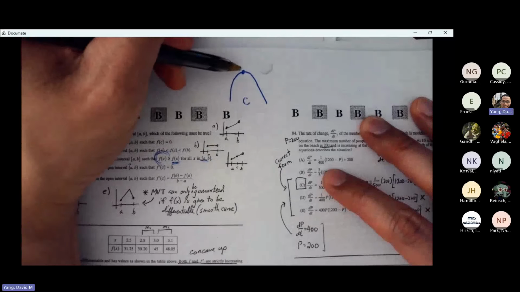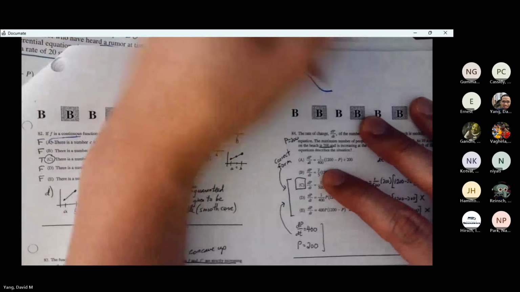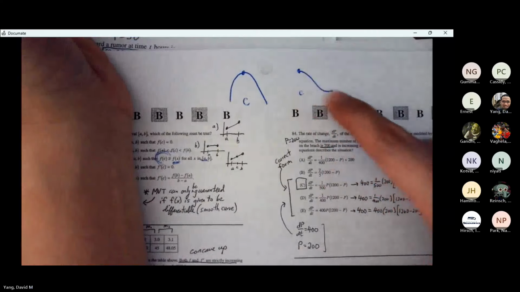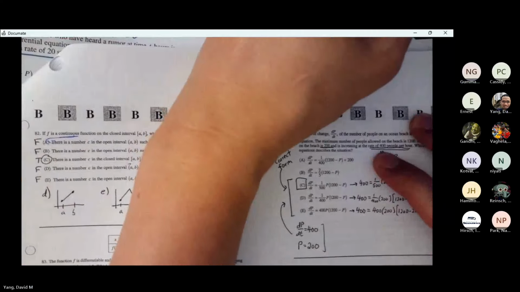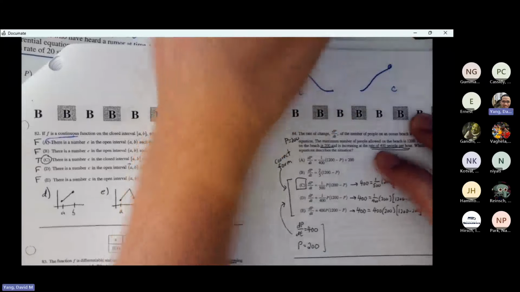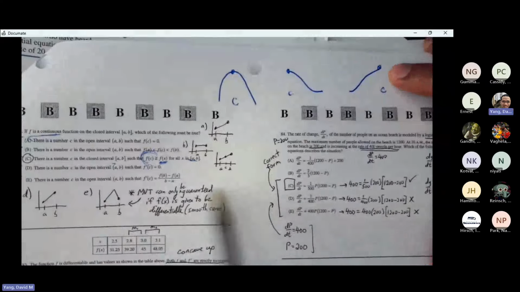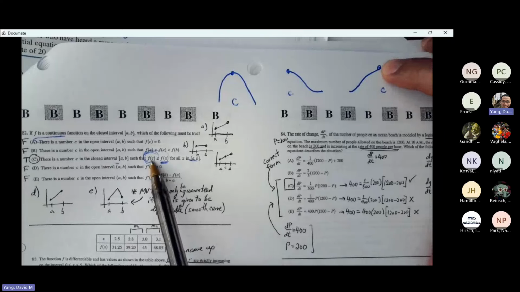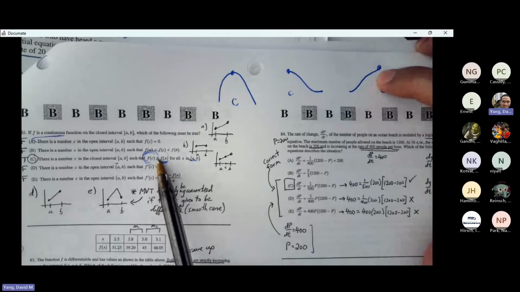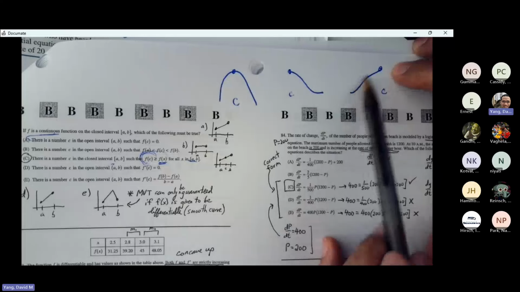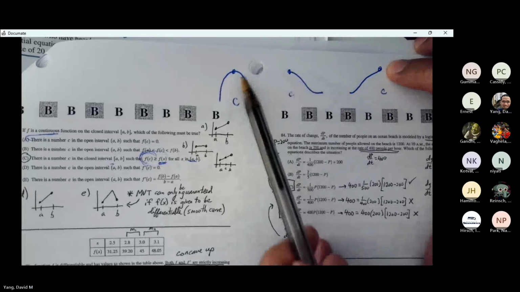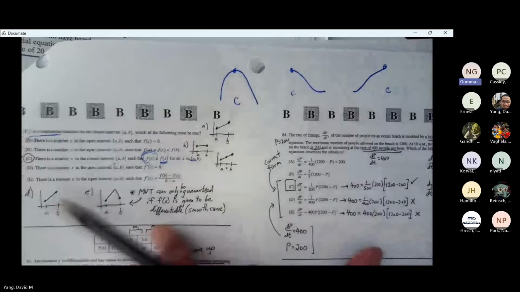So that could be an f of c. No, this could be an f of c. And that could be an f of c, right? There's a point c that is higher than, or at least equal to, any other point that I can find on the function. Okay, now it makes sense.